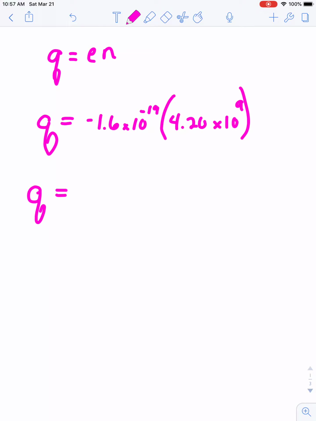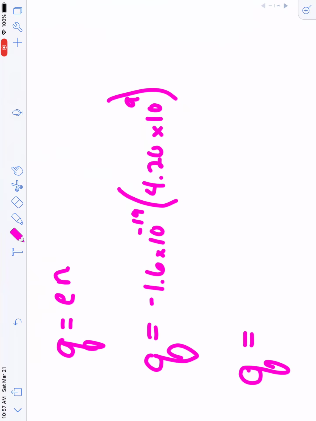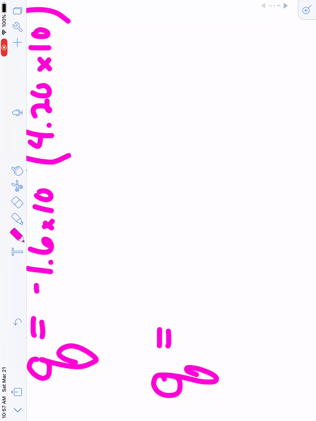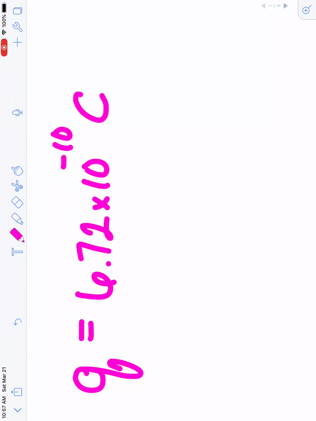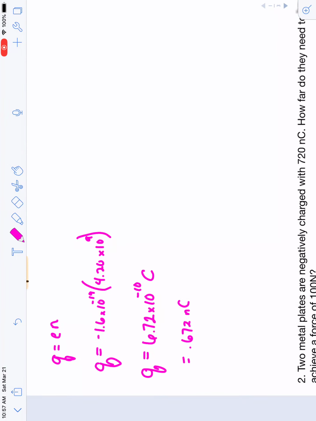And we got 6.72 times 10 to the negative 10th Coulomb. The other way to write it is 0.672 nanocoulombs. Either way, it's the same thing, just using the metric system to write it.